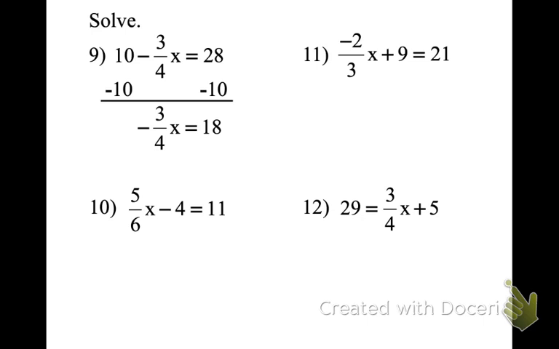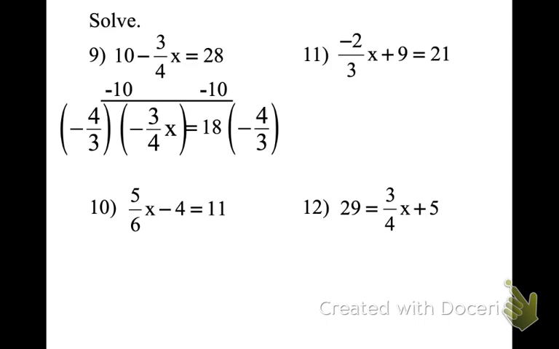So now how to get rid of that fraction? I'm going to multiply by negative 4/3. The only thing I did was put a parenthesis around it, so I knew the whole thing needed to be multiplied by a negative.